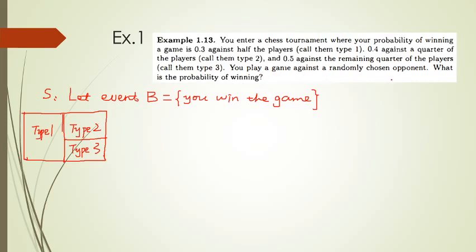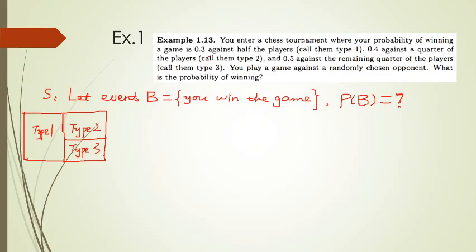You had a randomly chosen opponent, and you win the game. So that is the probability of B we are looking for. But we should establish the framework of the total probability theory to check that.